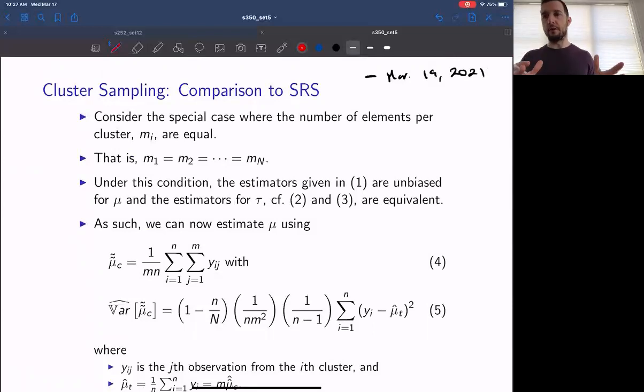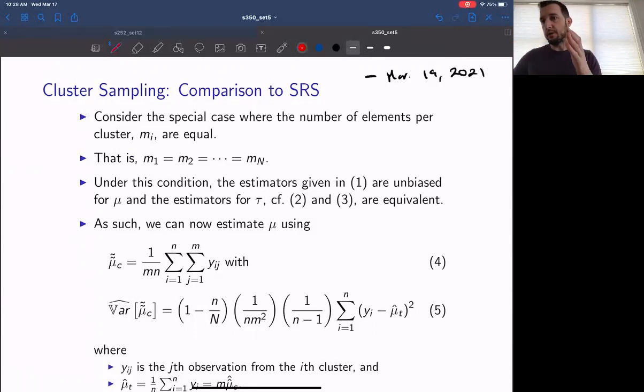Okay, so the first topic is the comparison of our cluster sampling approach to our simple random sampling approach. Now, we have already talked about the strategic benefits of using cluster sampling compared to simple random sampling. We know that cluster sampling is a technique that allows us to reduce frame complexity, and it also allows us to reduce cost associated with collecting information.